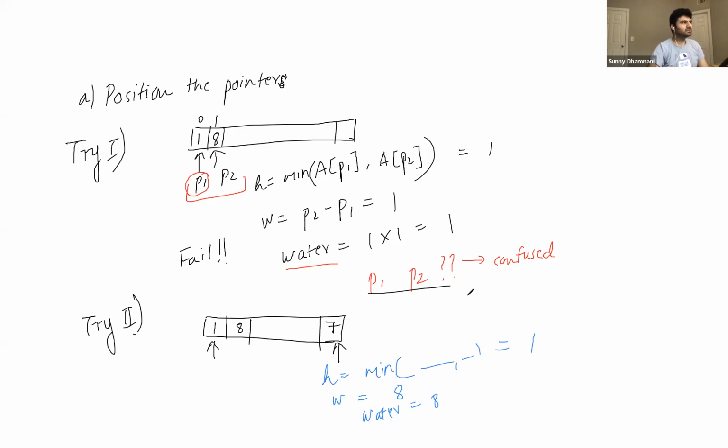Now can I make a conclusion here? Can anybody see if I can make a conclusion? So this is my height 1. This is my height 7. Okay, let me put it this way. So these are the two towers, right? And this is the amount of water we found out.